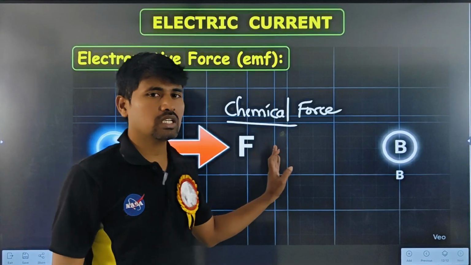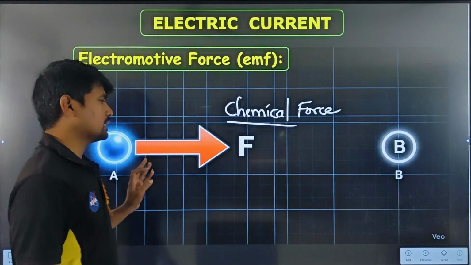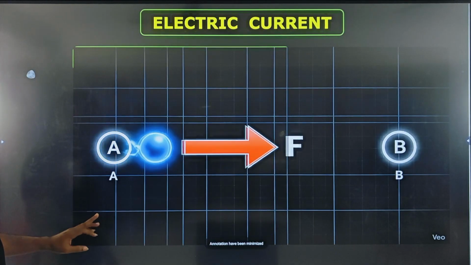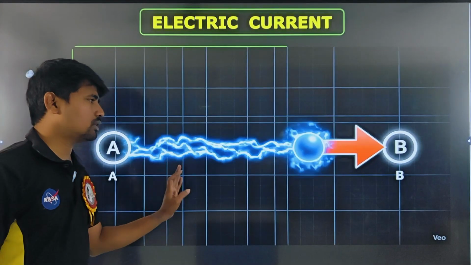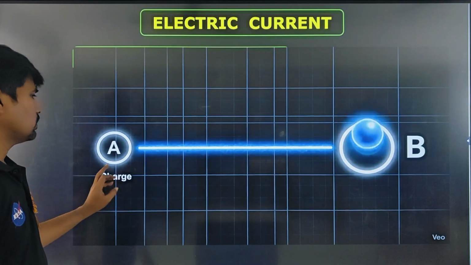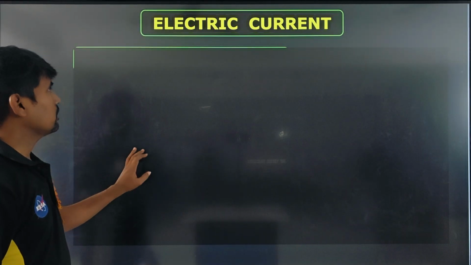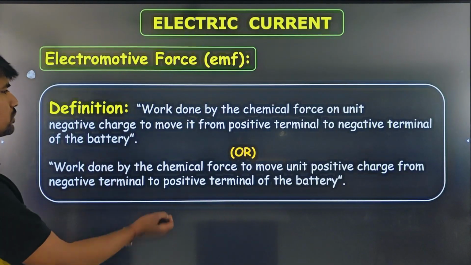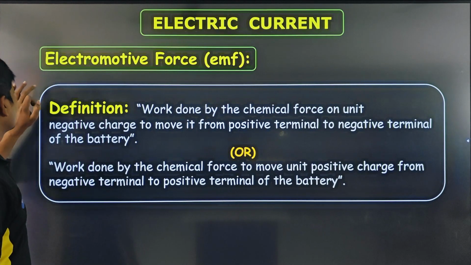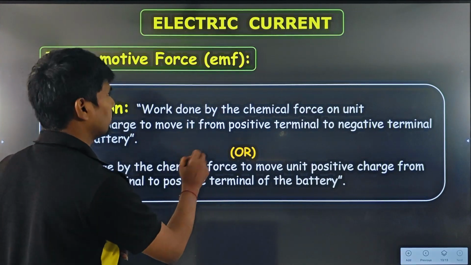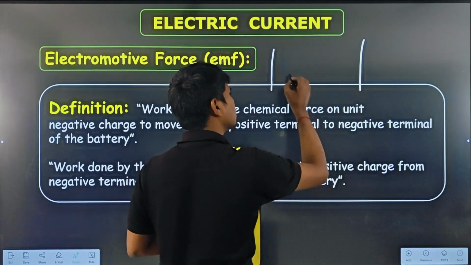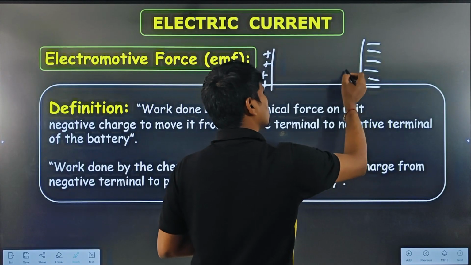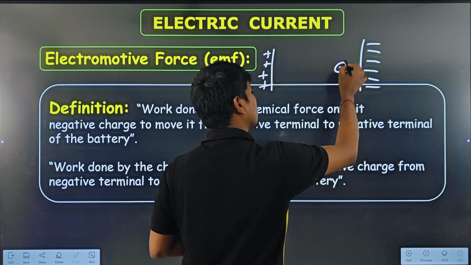We can see this in battery cells, right? In a battery, there is a positive terminal and a negative terminal. From one terminal to another terminal, the chemical force will shift the charges, whether positive to negative or negative to positive, students. Once you see here, these are the two plates, the positive plate and the negative plate.